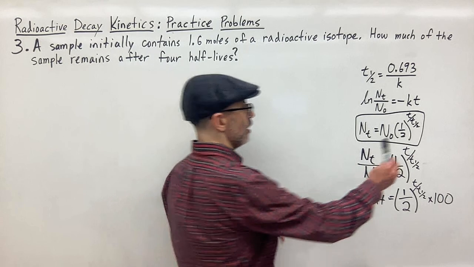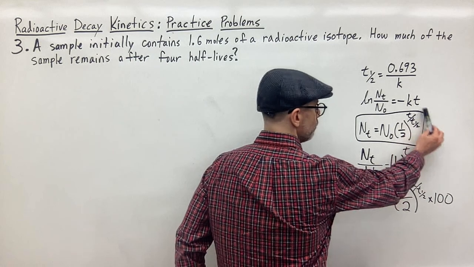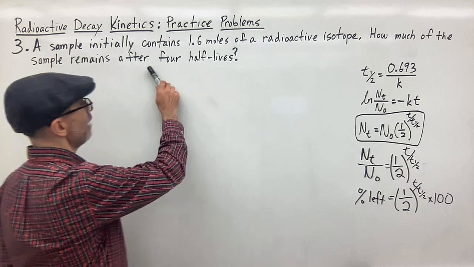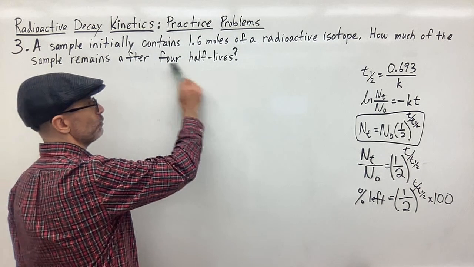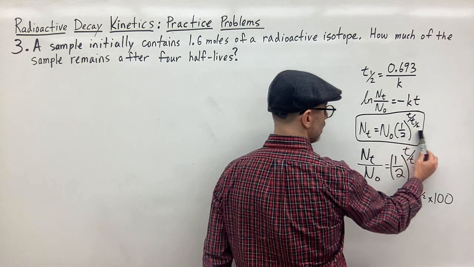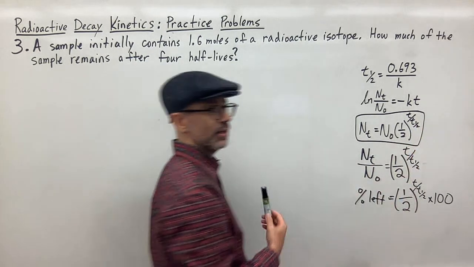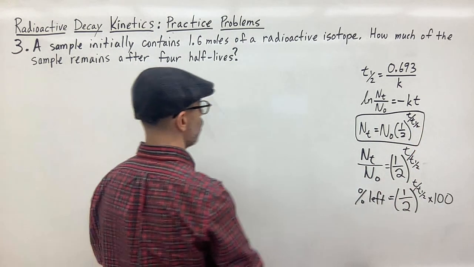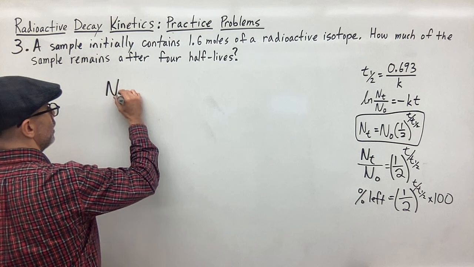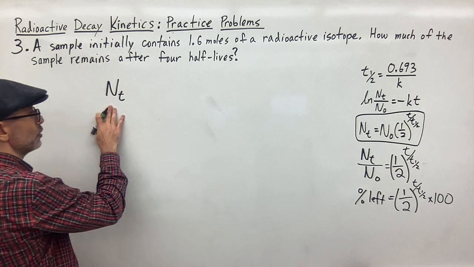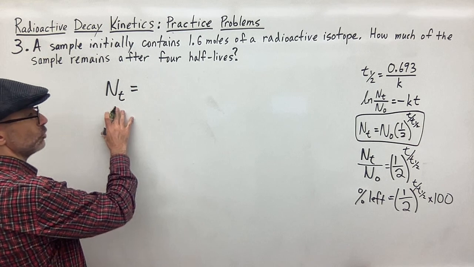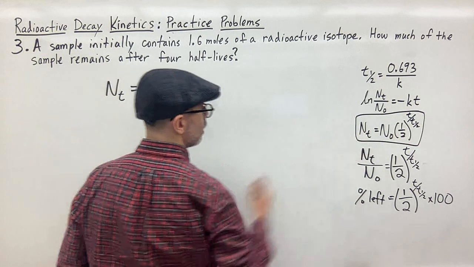So this fraction here is the number of half-lives. We're given 4 half-lives, so we can substitute the number 4 for this fraction. Then the amount we have after a certain amount of time is going to be equal to the initial amount.